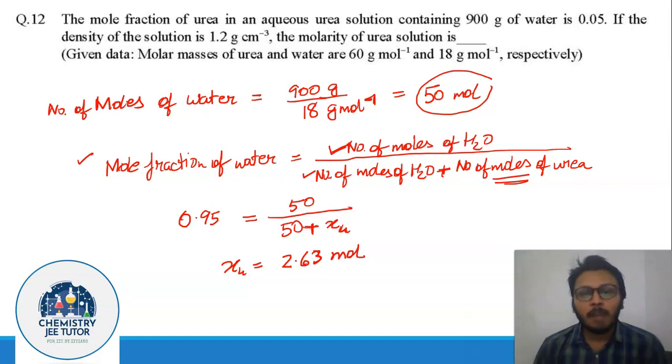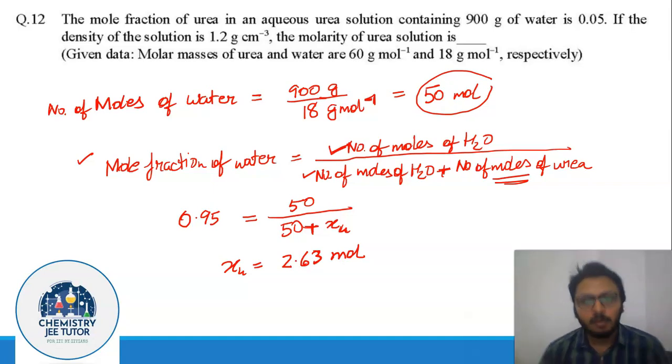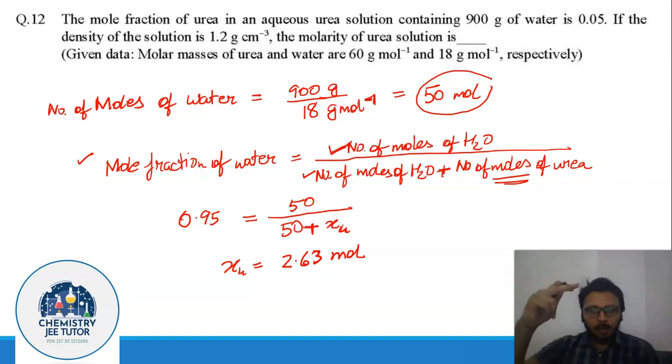Okay, now we have the number of moles of urea and need to calculate the molarity, which is the number of moles of urea by the total volume of the solution. So we have the upper part. Now we need to calculate the lower part, which is how much volume the solution is. You can tell me, okay, I have the density of the solution, but how do I get the mass of the solution? So I have to calculate the mass of both water and urea in the solution.